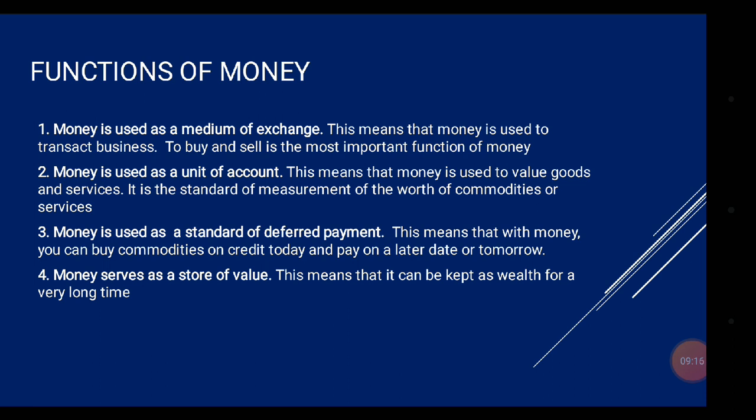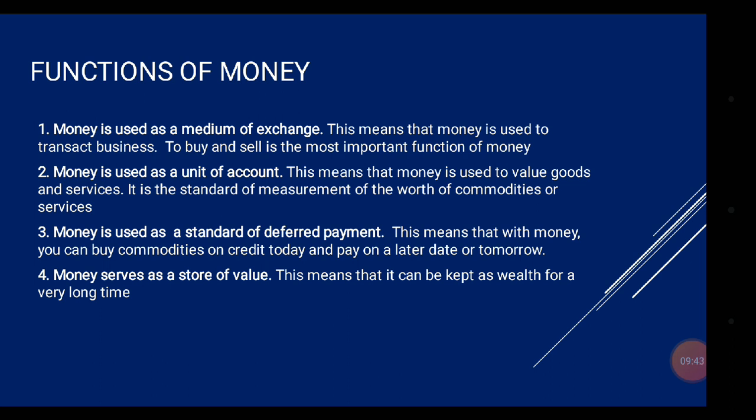But apart from that, money is the best store of value because, for example, if I have tomatoes, which is a perishable good, and I want to store it till December so that I can use it for my Christmas jollof stew, can you store the tomatoes till December? No. The fresh tomatoes will spoil.